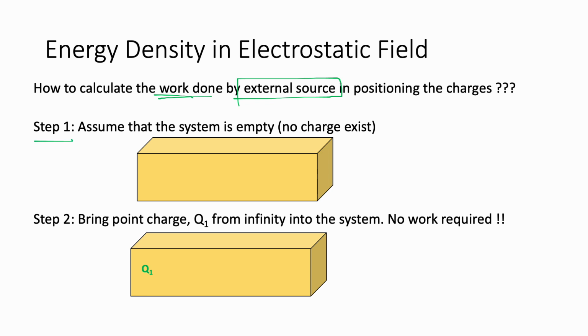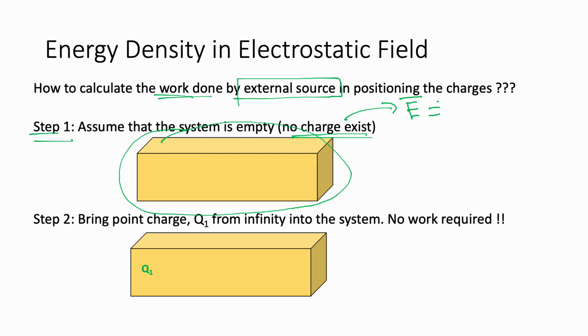In the first step, let's assume that we have an empty system, meaning that there is no charge inside that system. When there is no charge, does the E field exist or not?